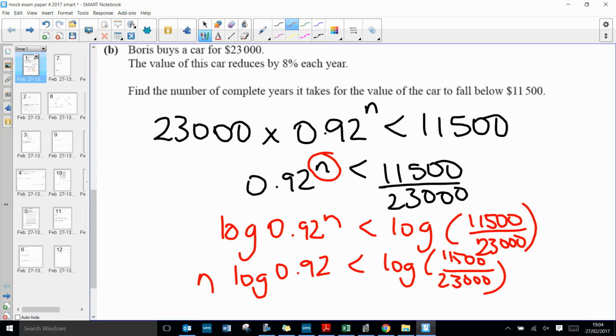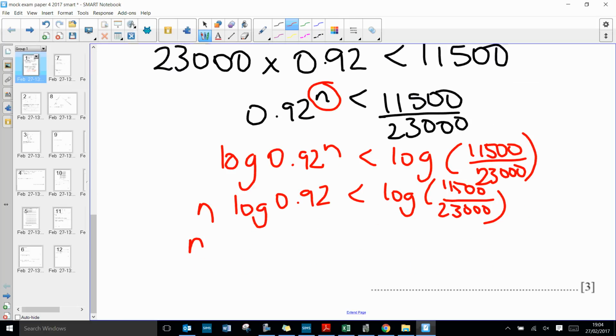And it has to be less than log of 11,500 over 23,000, over log 0.92.